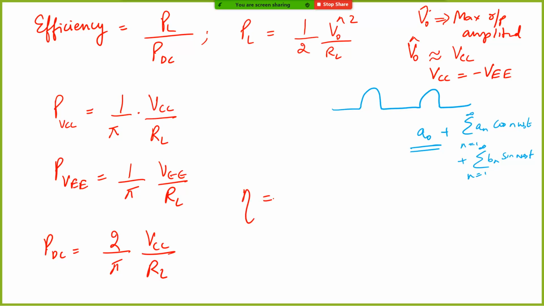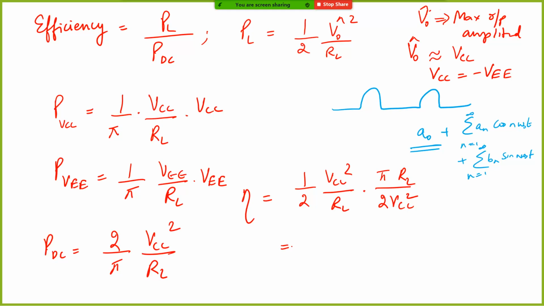So let us compute your efficiency. It becomes half VCC squared by RL, divided by 2 VCC at the bottom, pi times RL. Did I miss something? Yes, sorry, this is multiplied by VCC, this is the current. So the denominator becomes 2 VCC squared by RL.